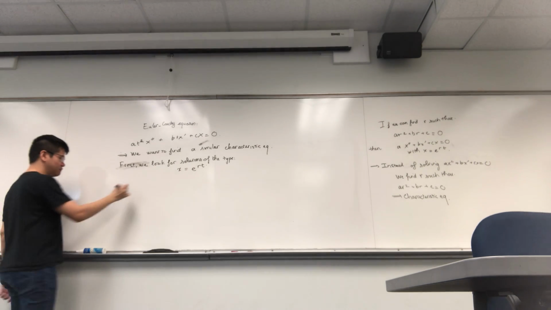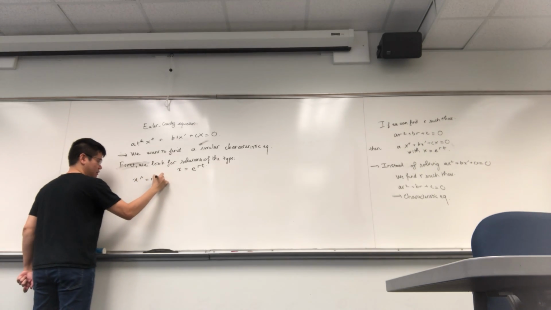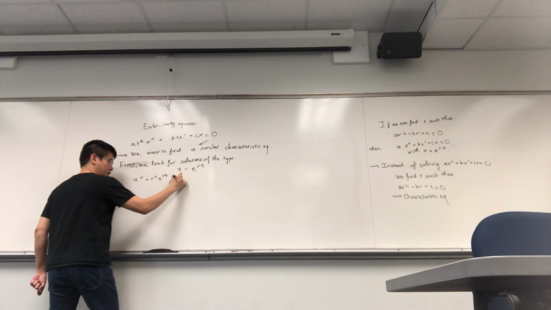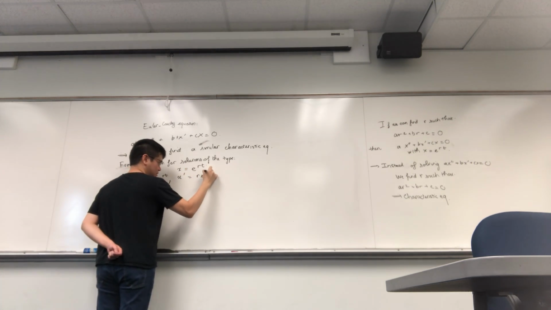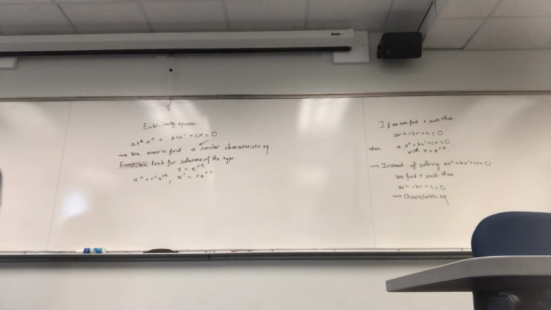And then we still have x'' = r^2 e^(rt), x' = r e^(rt). So what equation should we get in this case? We get a t^2 r^2 + b t r + c = 0.